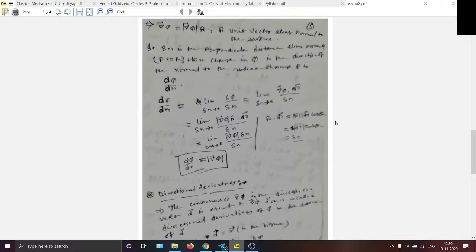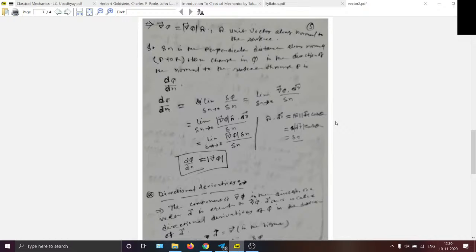So d phi dn is the rate of change of phi along the normal. If you change along the normal by dn, your change in the function is d phi. I can write this in limit form as del phi over del n, limit delta n tends to 0. This is the differentiation formula, and this delta phi I can write as grad phi dot dr from the earlier.